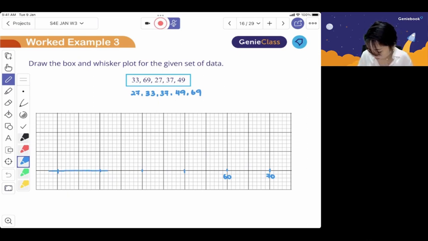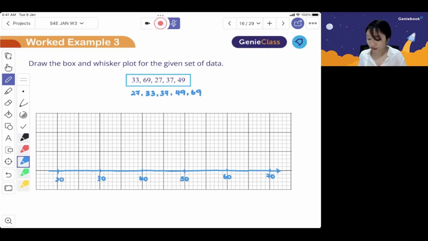So I have my number line. And why I want so many lines in between my data is because I have weird things like 27 and 33, right? So it'll be better if I have more boxes for that so that I won't be in between the boxes. Does that make sense?